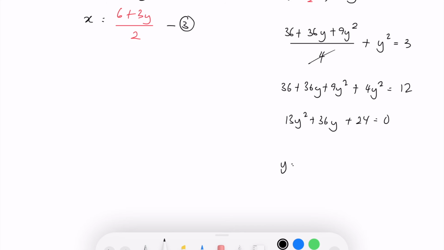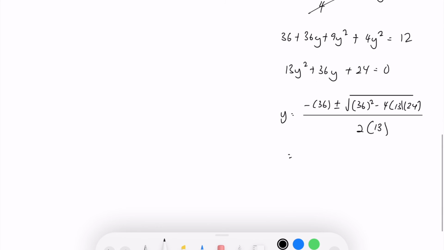So y equals negative 36 plus minus square root of 36 squared minus 4 times a, which is 13, times c, which is 24, all over 2a. So that's 2 times 13. I have my calculator with me, so I'll be able to get negative 1.118 and negative 1.651.